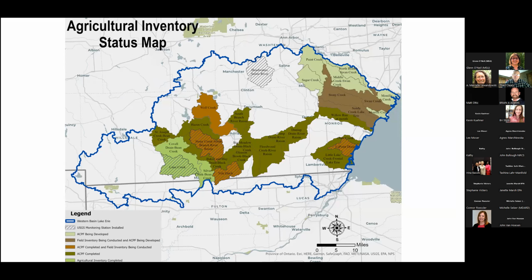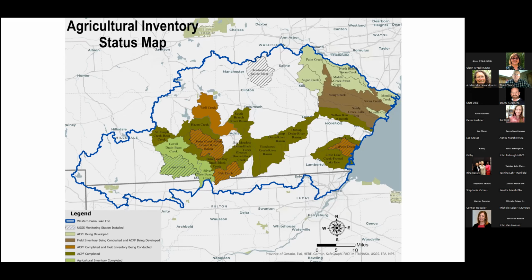And so the ACPF is being developed in all of those, as well as the field inventory and the desktop analysis components will be done in the brown watersheds there as well. And then the darker green ones, there are the ones that the Environmental Working Group ran the ACPF tool on already for us. So we have the information there for those watersheds.